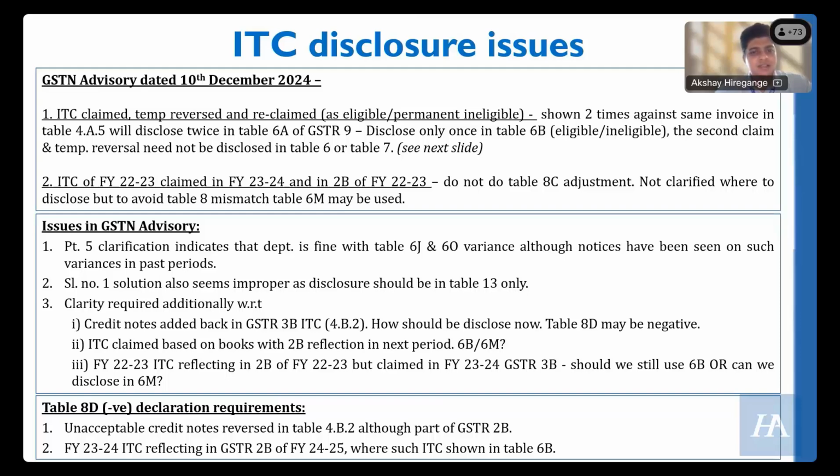What happens is your 6J and 6O of your table, there will be a variance, but that is fine because department now itself is giving an advisory.